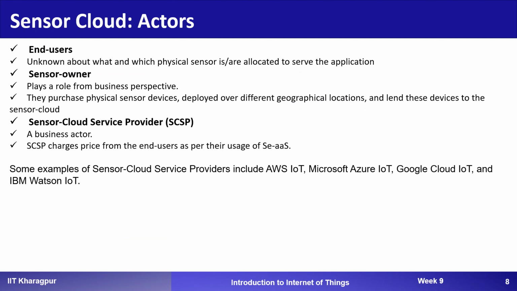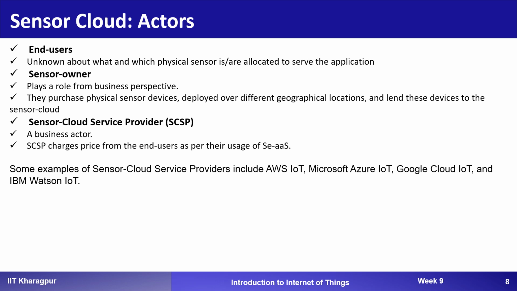So the first one is end users. End users are the users who are going to utilize the facilities which are provided by your sensor. They are unaware of which physical sensors are allocated to serve the application.